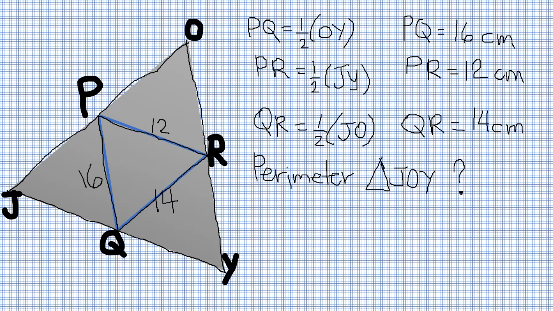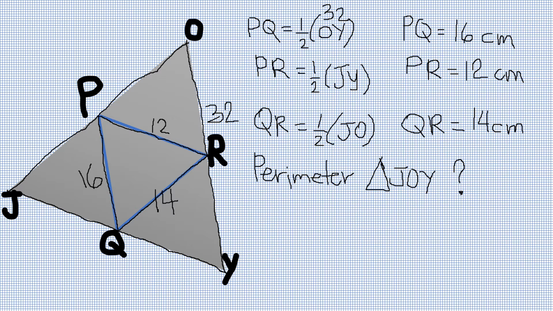Start with PQ. If PQ is 16, then it is 1/2 of OY. 16 is 1/2 of what number? The inverse is 2 times the measure of PQ, that is 32. So this serves as the measure of OY. Half of 32 is 16, which is the measure of PQ.